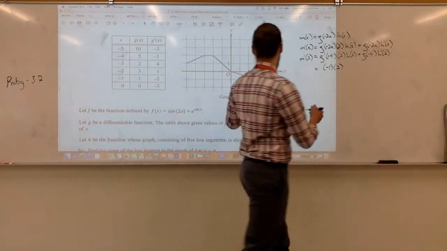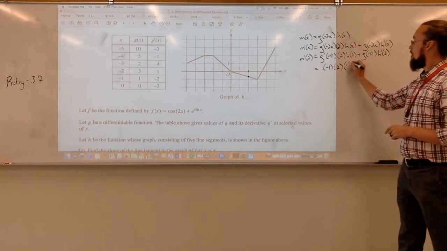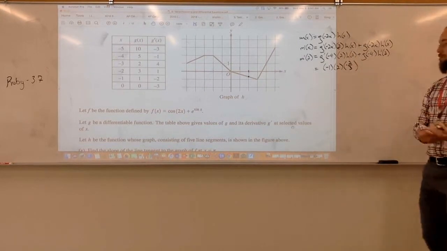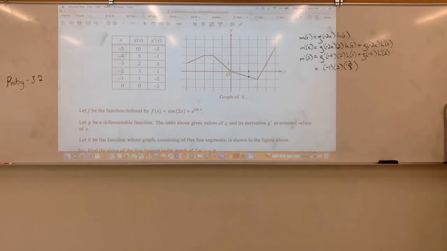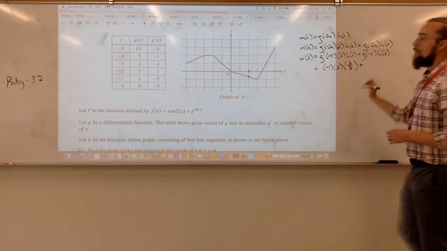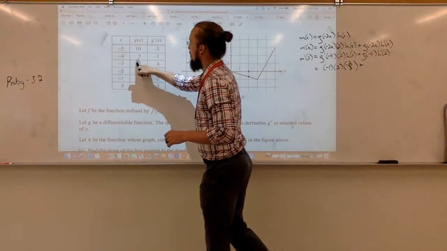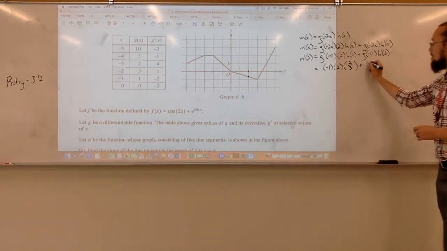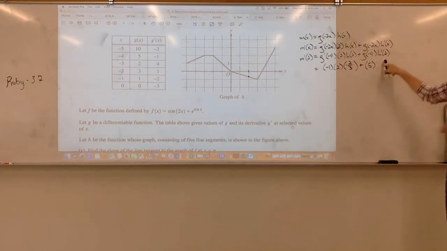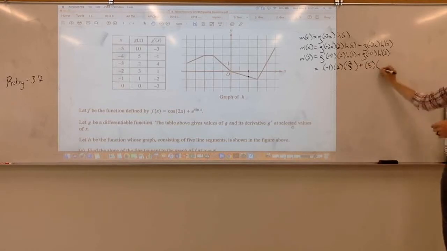So this coordinate point is just negative 2/3. Then g of negative 4 is 5. And h prime of 2, we already found, was negative 1/3. That's it. Stop there. Don't do arithmetic.